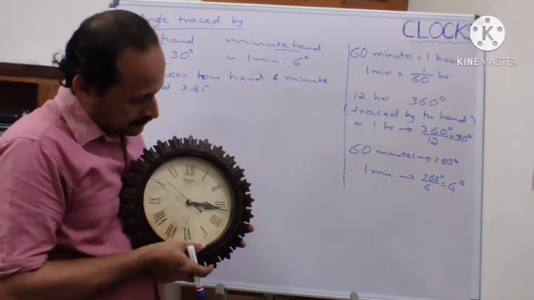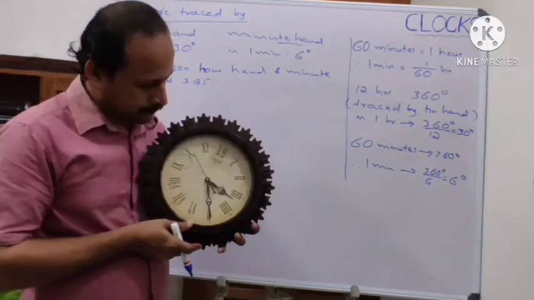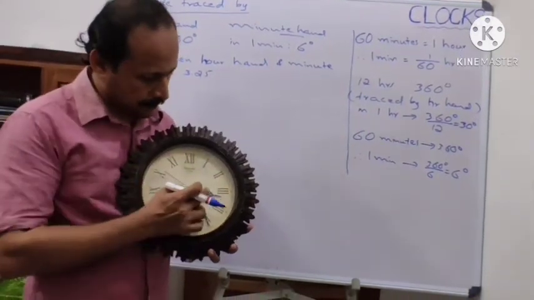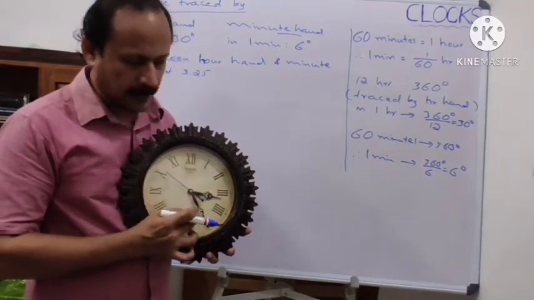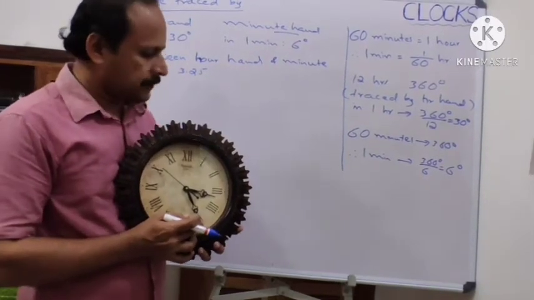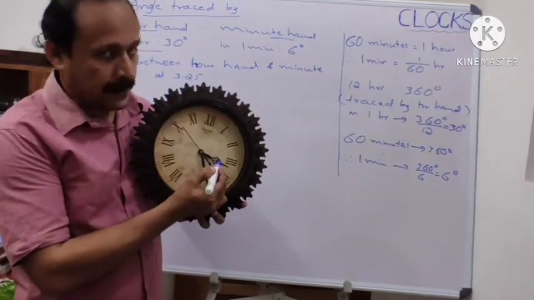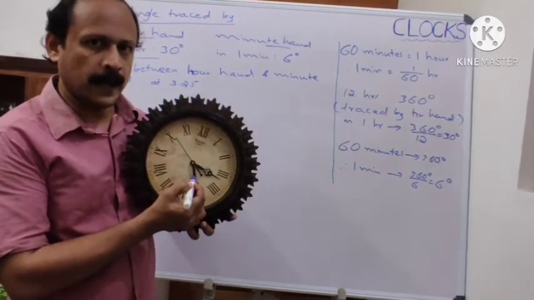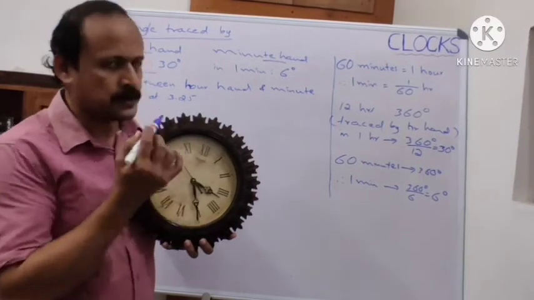The time is 3:25. Yes, the hands of the clock are like this. Hour hand between 3 and 4, and minute hand at 25. And here we have to find out the angle between the hour hand and minute hand, this much angle. Remember that all angles are measured in the clockwise direction from 12 o'clock.